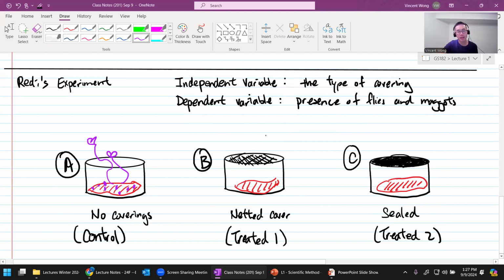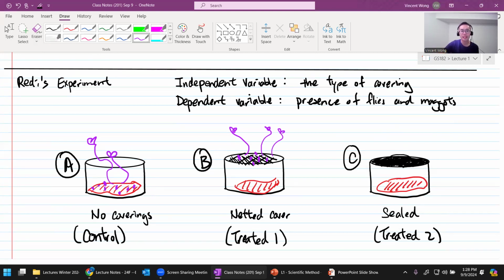Do you think there are maggots and flies in B? A little, yes. So what he saw would be flies and maggots, but they're on the net, not in the meat itself, just on the cover. And here, no flies, no maggots.